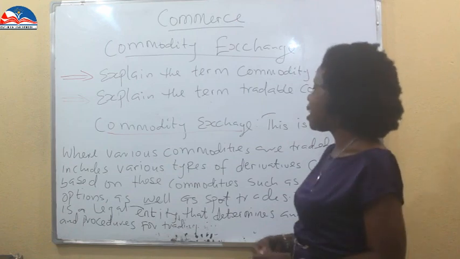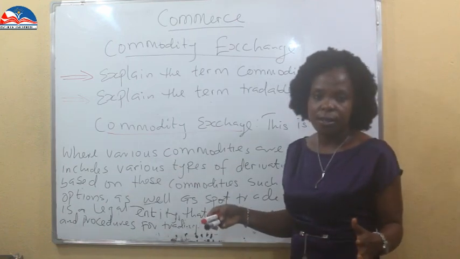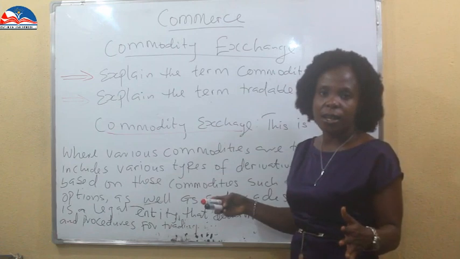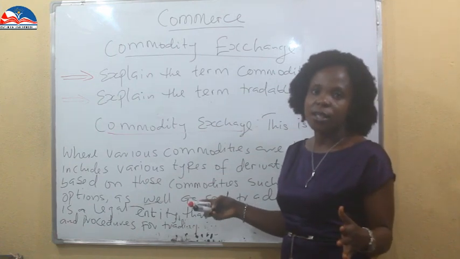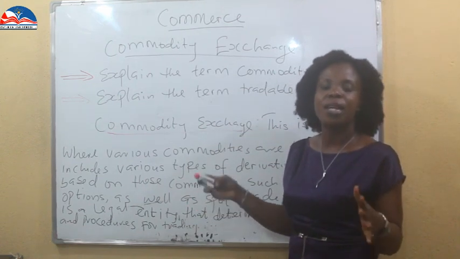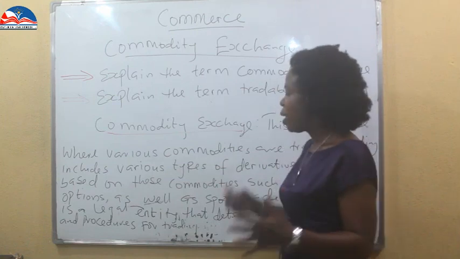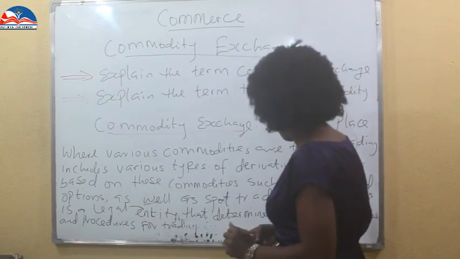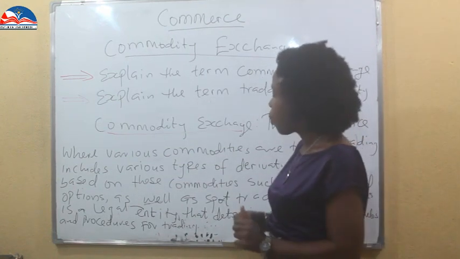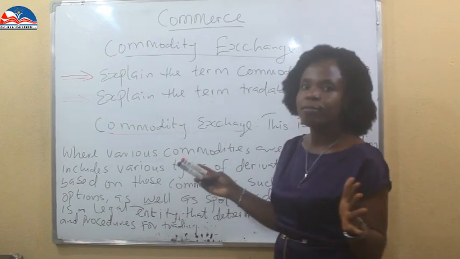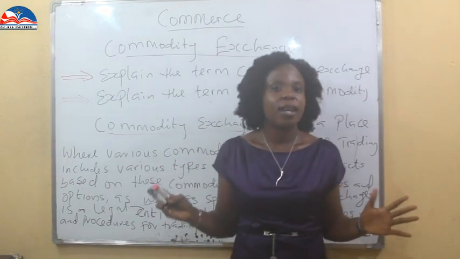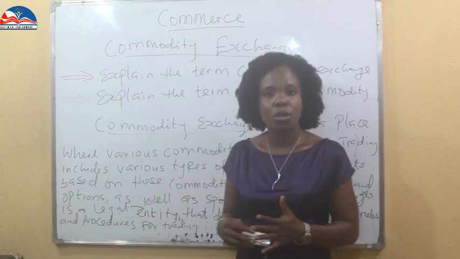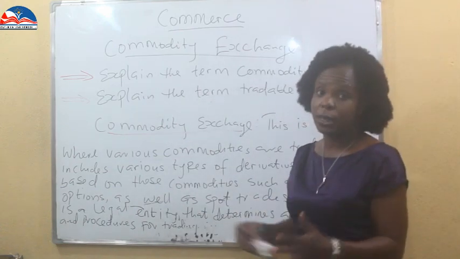These exchanges are legal entities. Another thing that the exchange does is they have to be legalized. They are legal exchanges that determine and enforce rules and procedures for trading.